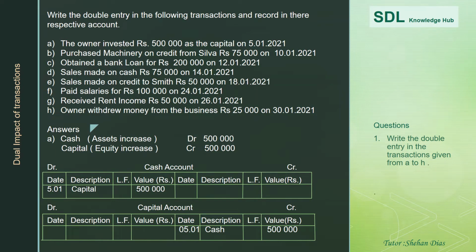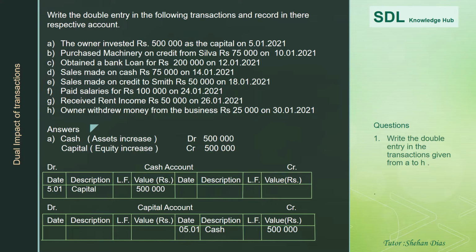Now we will look at how transactions are recorded in accounts. First one, the owner invested 500,000 as capital on 5th January. So the owner invested 500,000 cash.